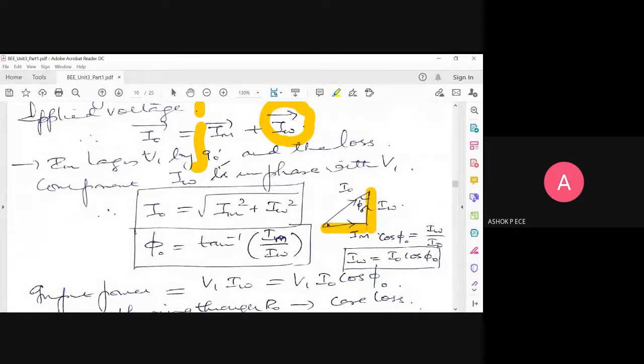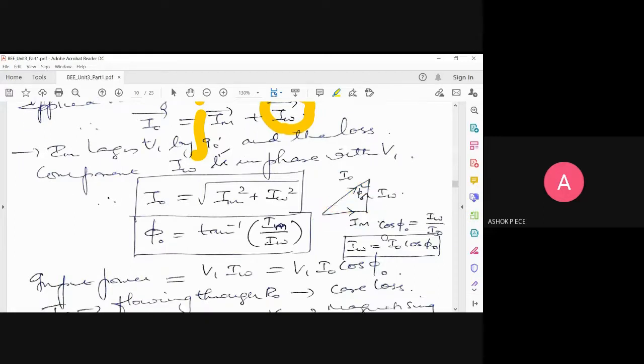So if you vectorially add, you will get I0 in this direction. And the phase angle phi0 is opposite to Im. Always phi0 will be opposite to Im. Phi0 is the phase angle. And when you apply the trigonometric formulas, you can find the relation between Iw and Im, or Iw, using sine, cos, tan. You can definitely relate all the three currents.